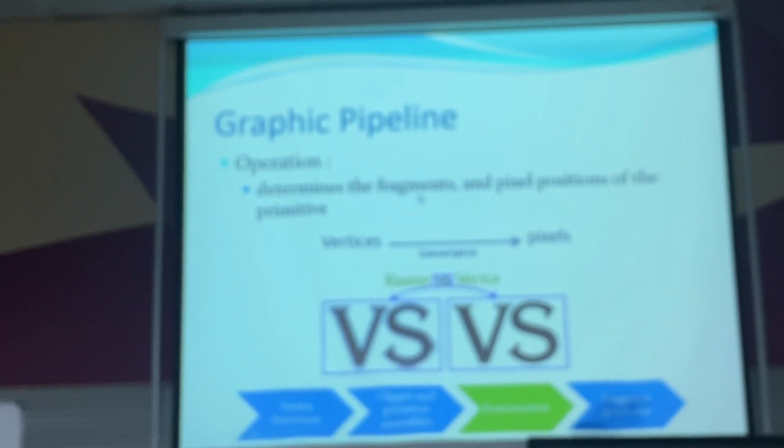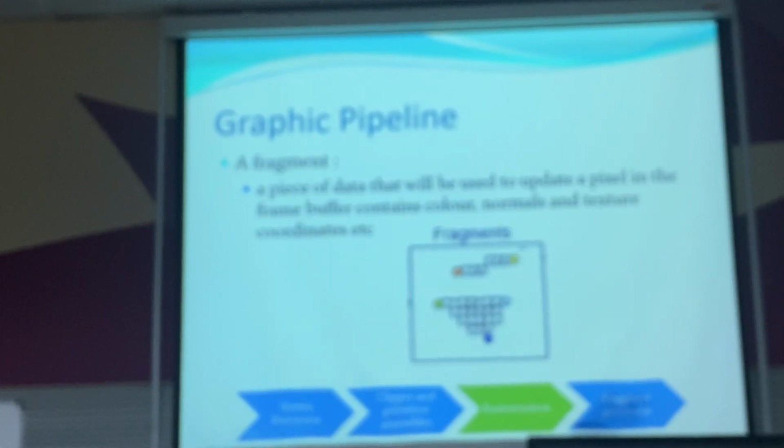Fragments mean a group of pixels, the pixel positions of the primitive, like this one. Just now the line, the primitive assembler already drew a line. So in the rasterizer, it is converted to pixels already. So you have 1, 2, 3, 4, 5, 6 pixels here. This is the job of the rasterizer.